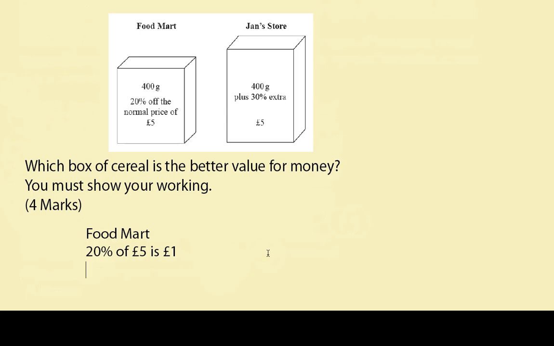So the normal price is £5, and we're taking off £1, which gives us £4. So Food Mart's offer is £4 for 400 grams.